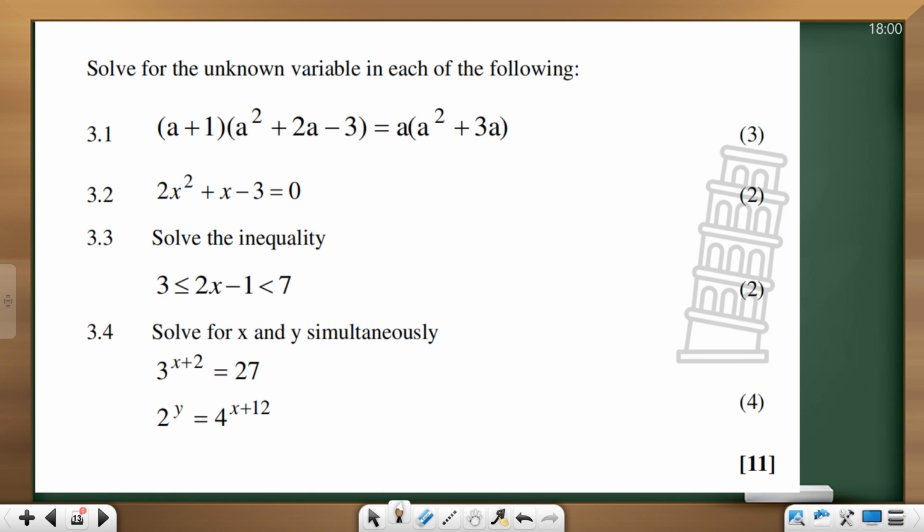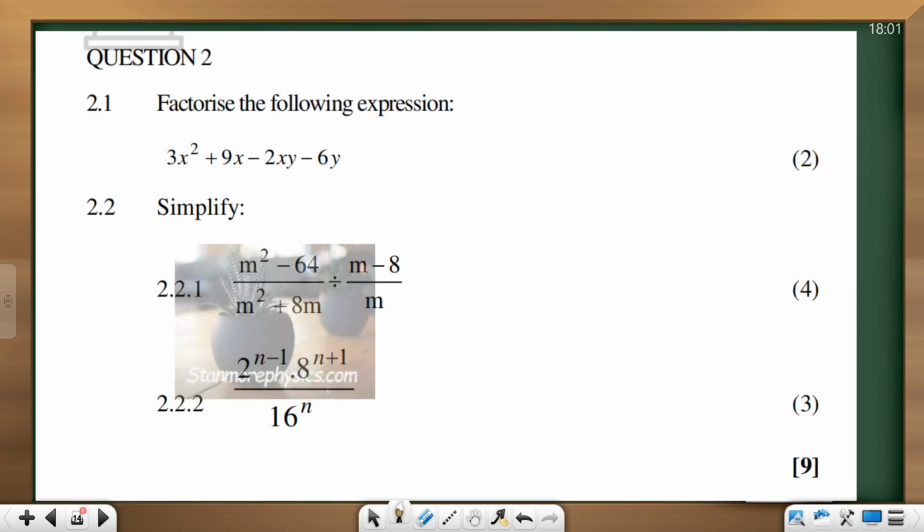The third one, algebra. Oh, this one is very important. 11 marks. Very, very important. Get this done and we are good with maths. Thank you very much. Do we have one more? Yeah, the last one, I think.